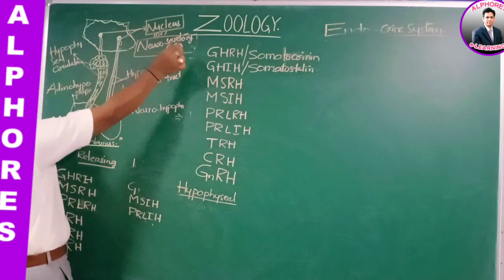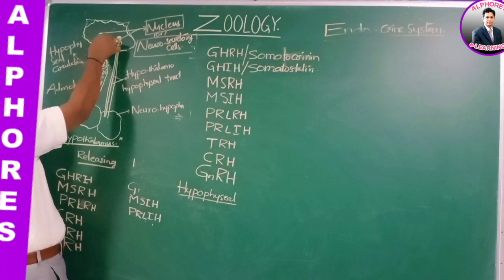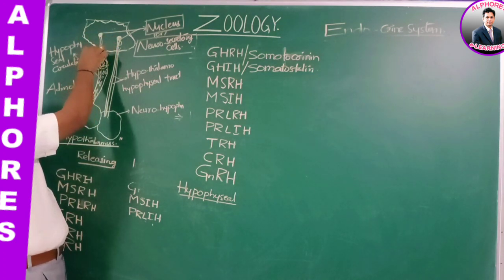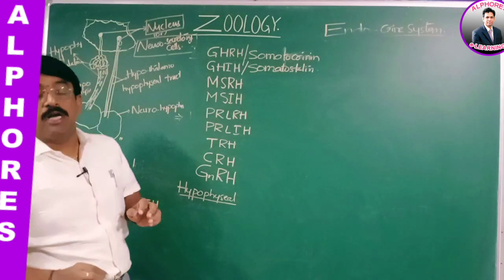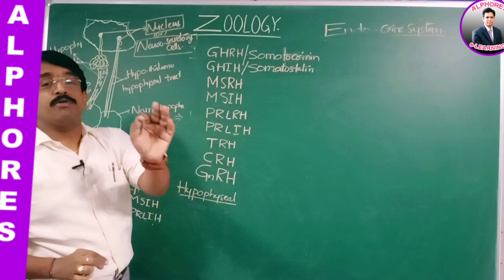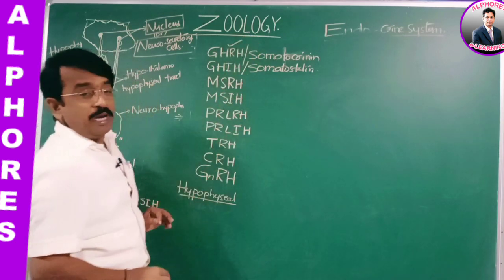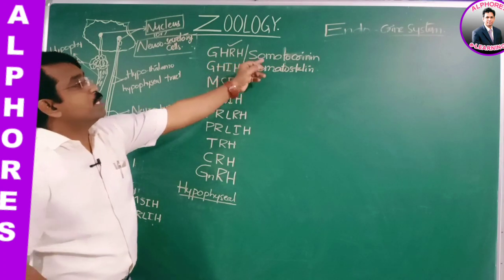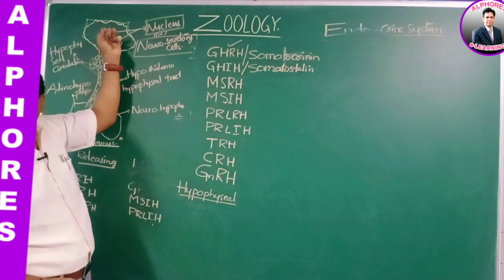That is the list of the releasing and inhibitory hormones synthesized here by the nucleus, brought through a portal into the adenohypophysis, which is named the hypophyseal circulation. Growth hormone stimulation is done by somatocrinin of the hypothalamus itself.